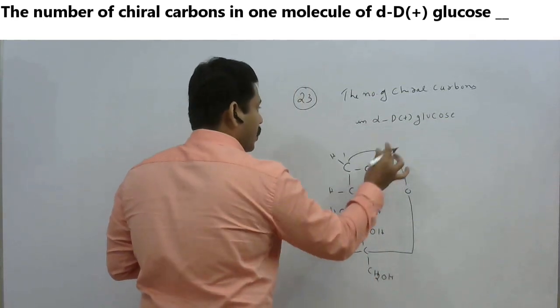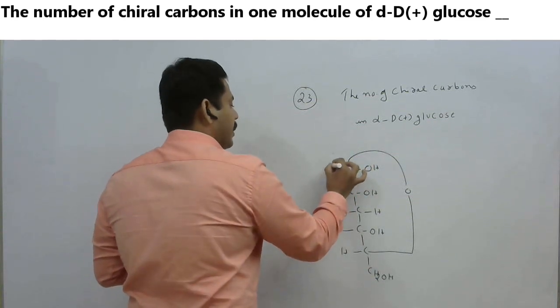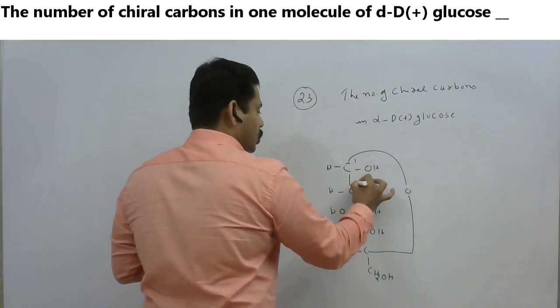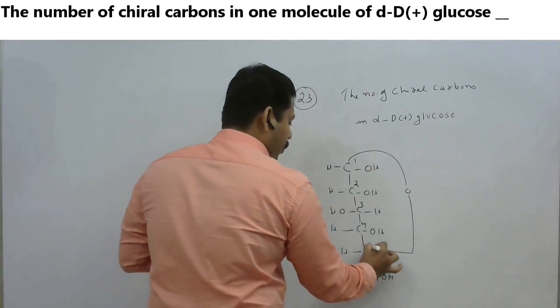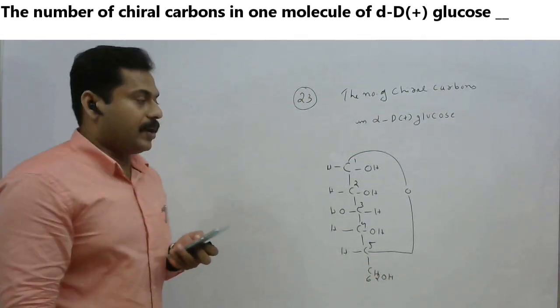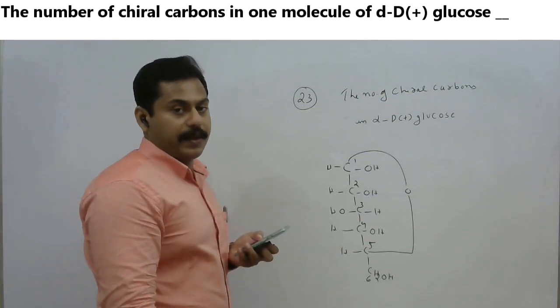So this is the structure of alpha they are asking. That is why I put the OH group on the right side. So if I count 1, 2, 3, 4, 5, 6 now, except this CH2OH, the remaining all 5 carbons are having 4 different groups there, right?